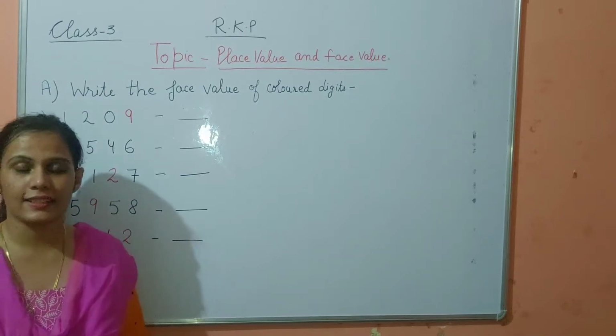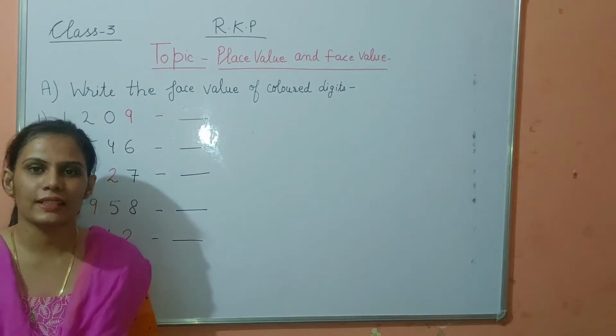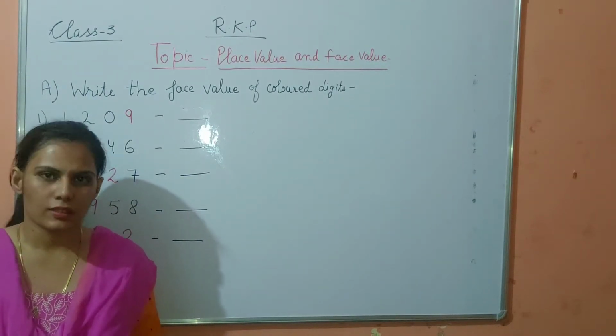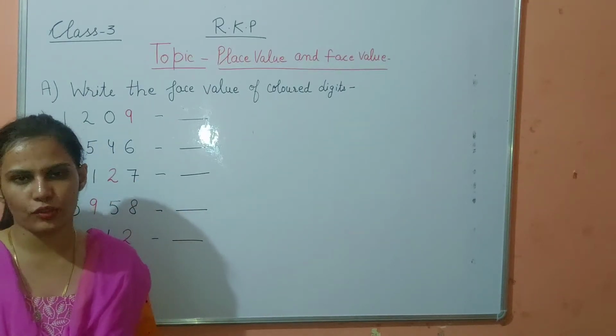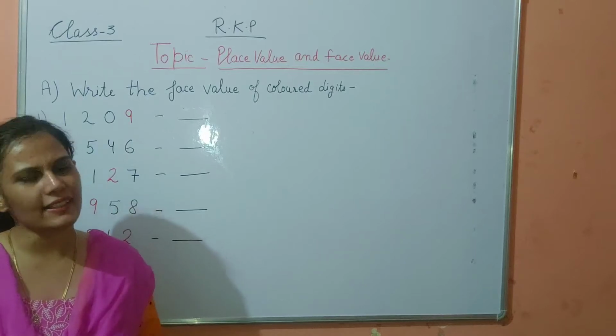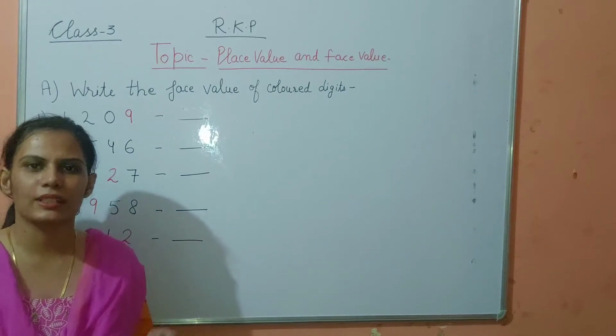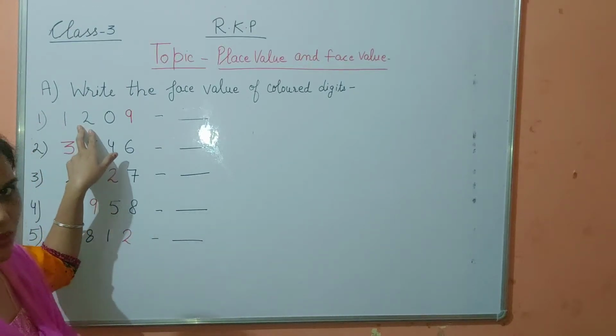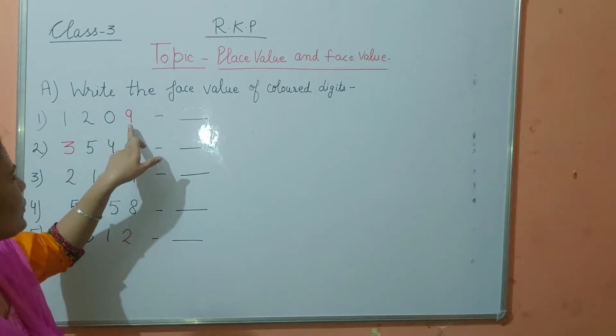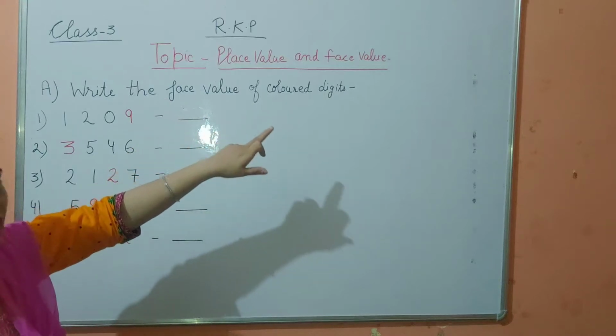So students, let's take more examples to make clear the face value of the digits in the given number. As I have already told you, the face value of any digit in the given number will be the digit itself. Like you are given some numbers and you write the face value of the colored digit.